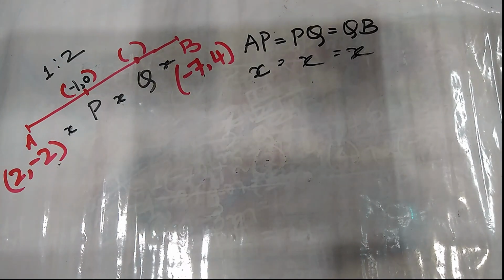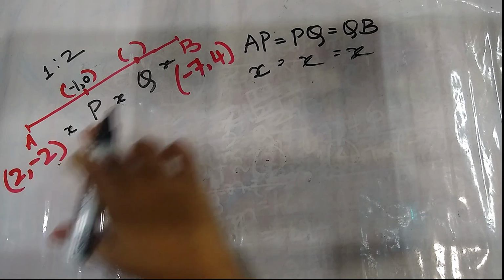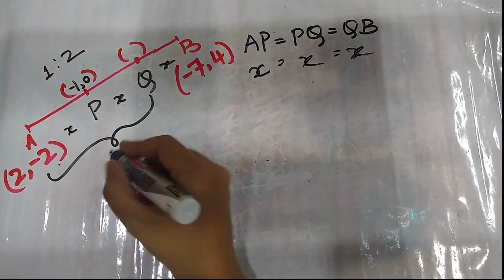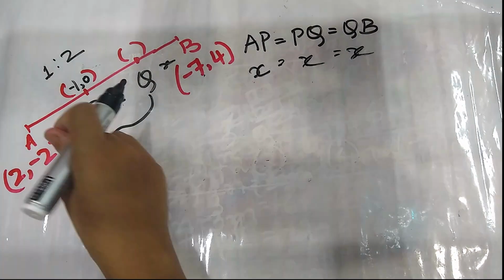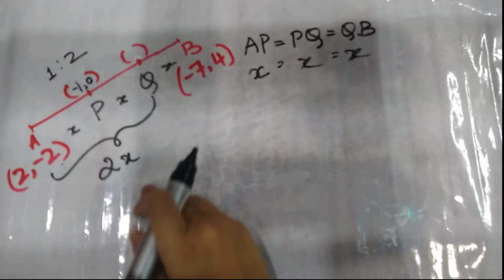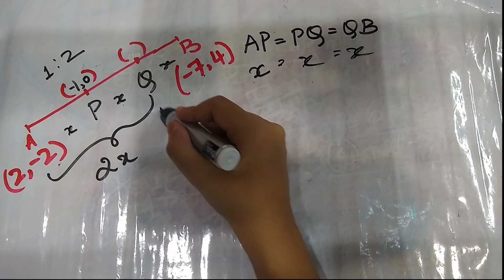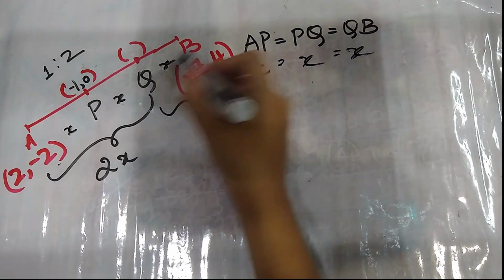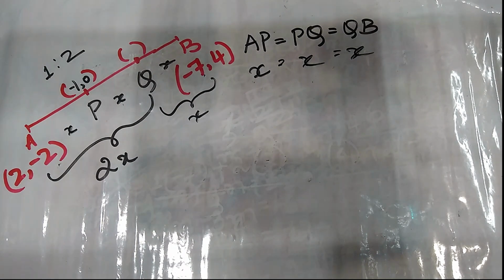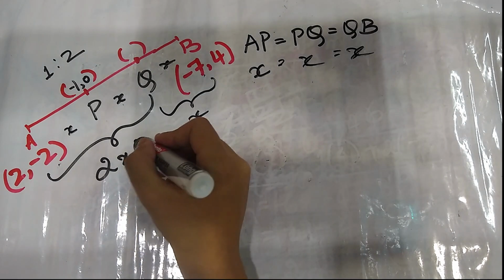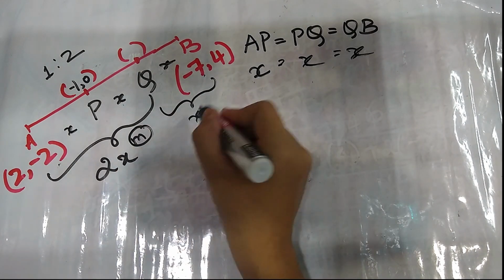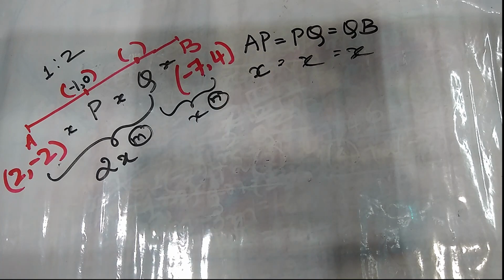So Q here, from A, it has a distance of 2x. Why? Because x plus x gives you 2x. And then this QB has a distance of only x. And you know that this is supposed to be the m part and this is supposed to be the n part, right? We have done so many problems.